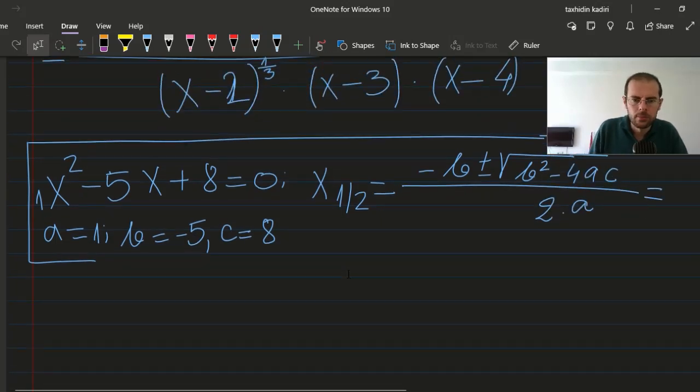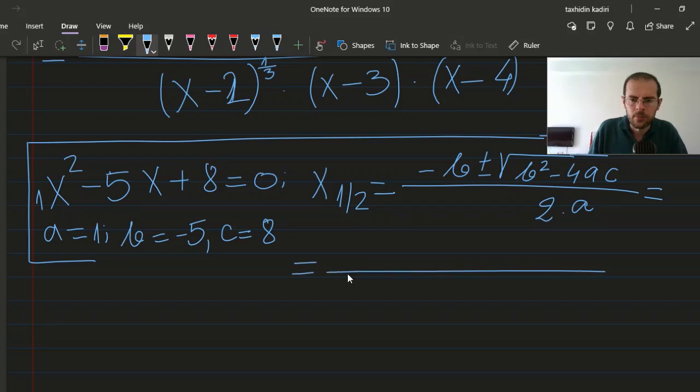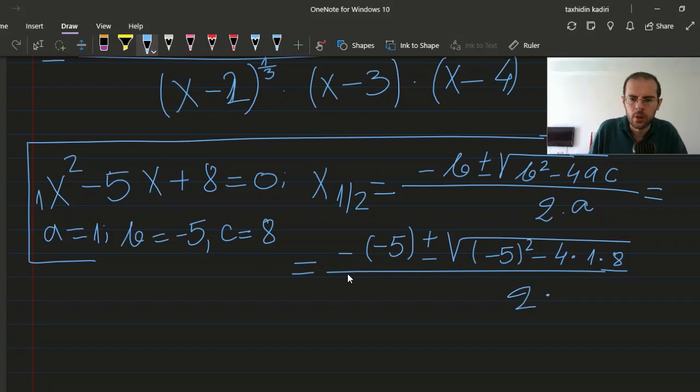Now we can write b is minus 5 plus or minus the square root of b squared minus 4, a is 1, c is 8, over 2, a is 1.